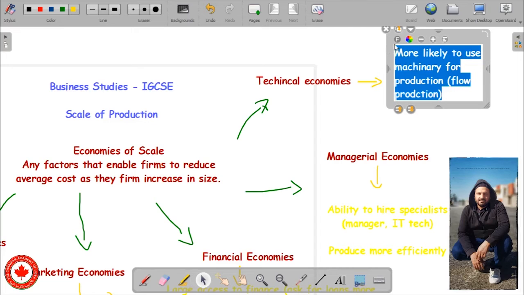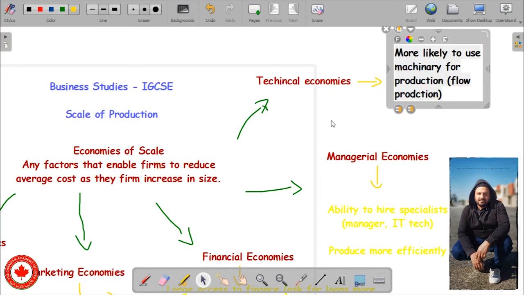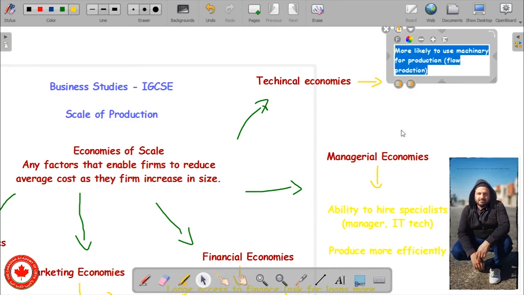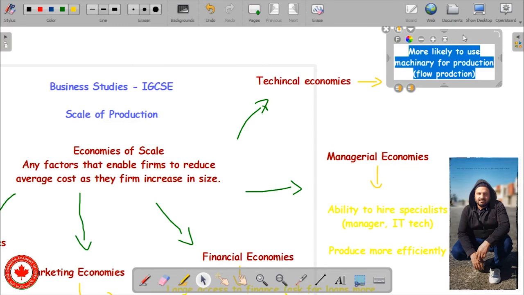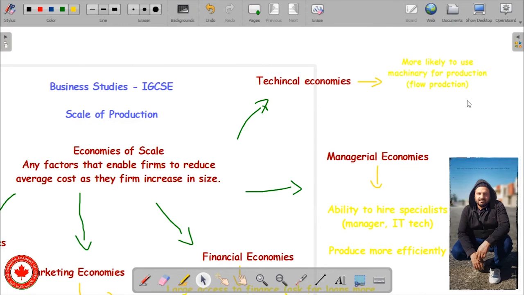Such machinery will lead to these firms lowering the cost as time passes because they're using machines and depending on the production style called flow production.